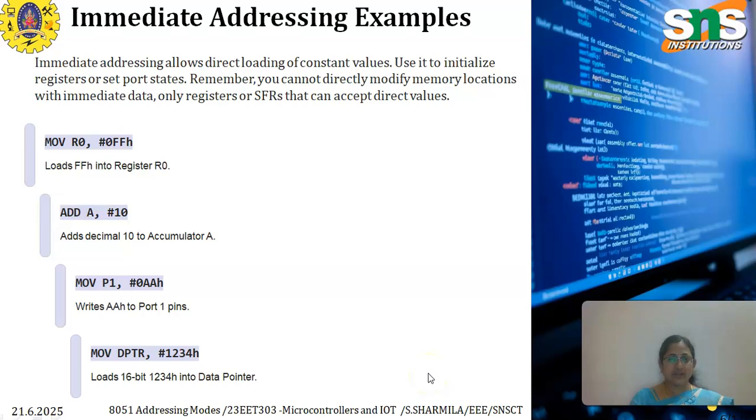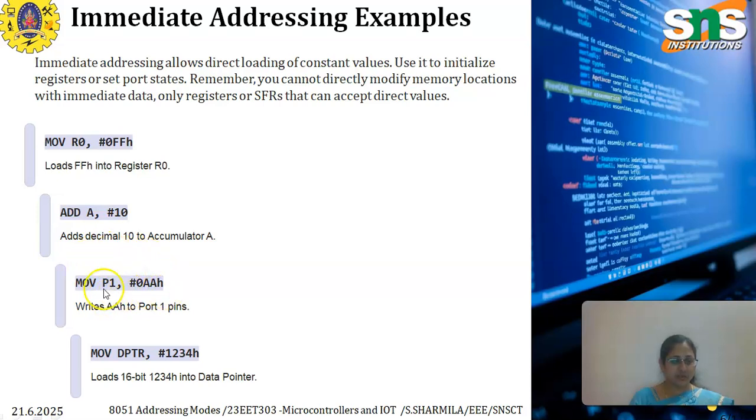Now let us see some examples of immediate addressing mode. First, MOV R0, #0FFH: the FFH value is loaded into register R0. Next, ADD A, #10: the decimal value 10 is added directly to the accumulator A. Next, MOV P1, #0AAH.